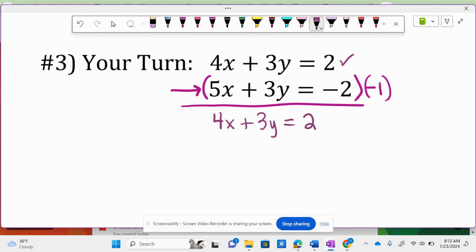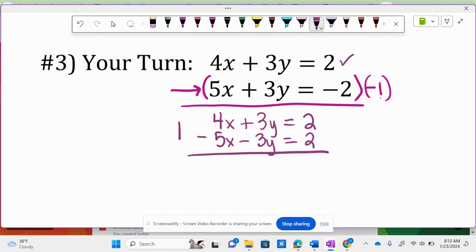The second equation, every single term in it is getting multiplied by negative 1. So negative 1 times 5x is negative 5x. Negative 1 times 3y is negative 3y. A negative 1 times a negative 2 becomes a positive 2.